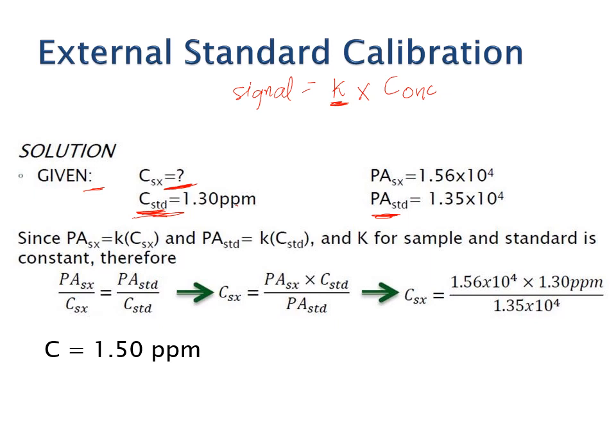So, peak is yung signal. Kasi kapag sa instrument, yung peak, yan yung signal na binibigay ng instrument, usually peak or value. So, sige, i-derive natin. So, yung signal P is equals to K over concentration.